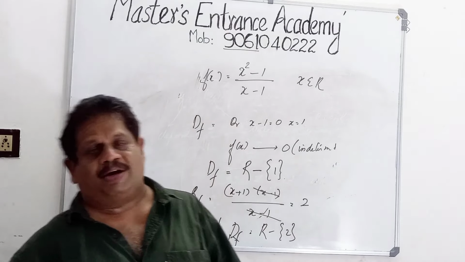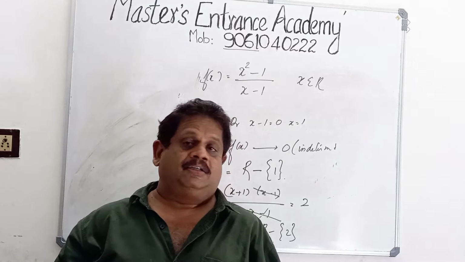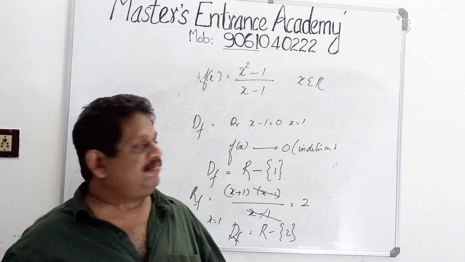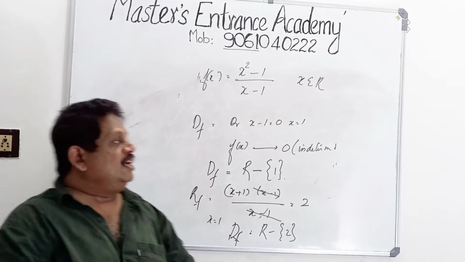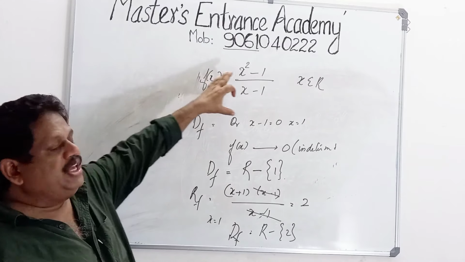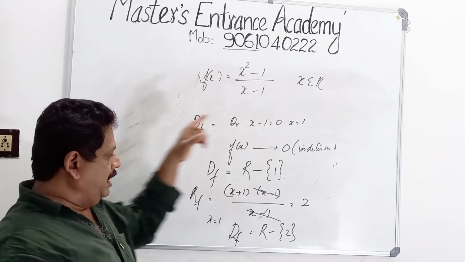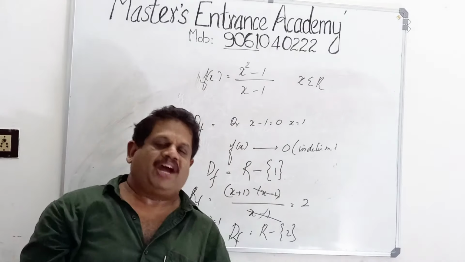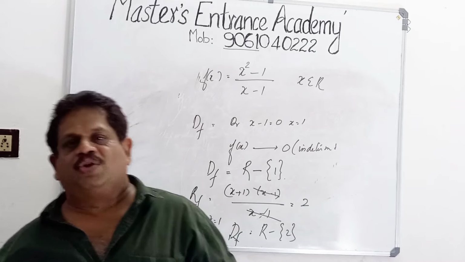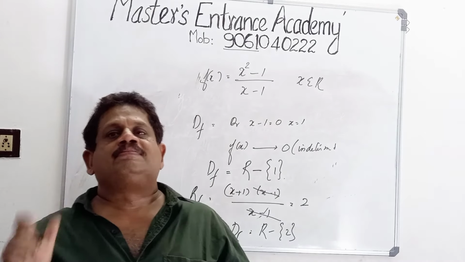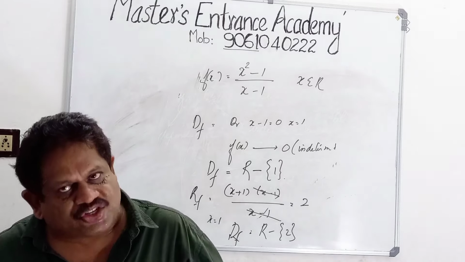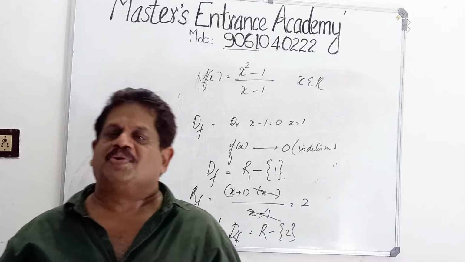Now, you may ask one more question. Why, sir, is this happening? The thing is only this. In the domain, we cannot alter it. But in the range, you can go for the factorization method, but in the domain you cannot do it.